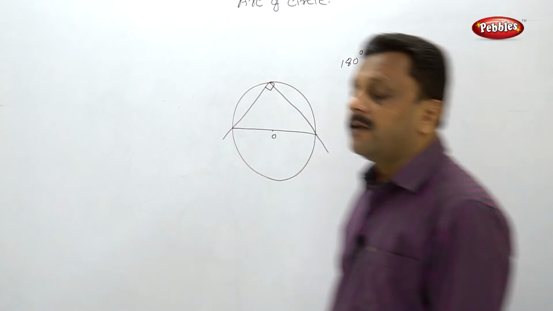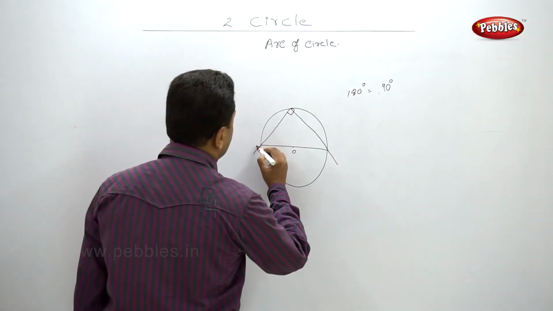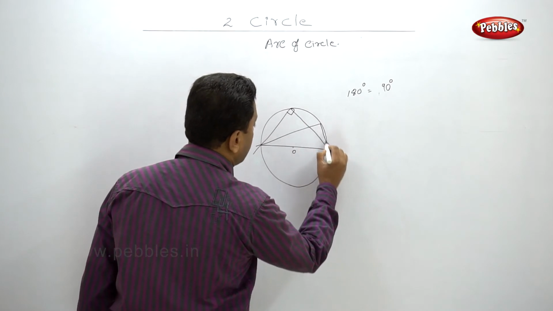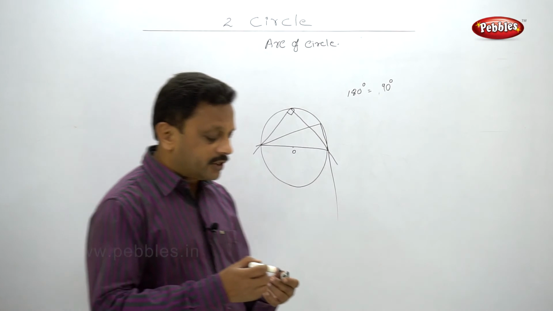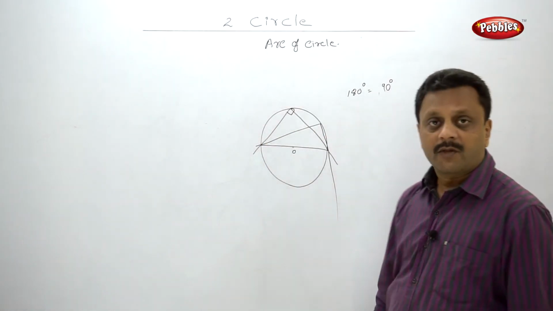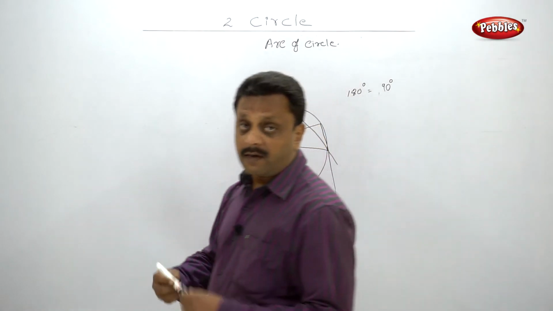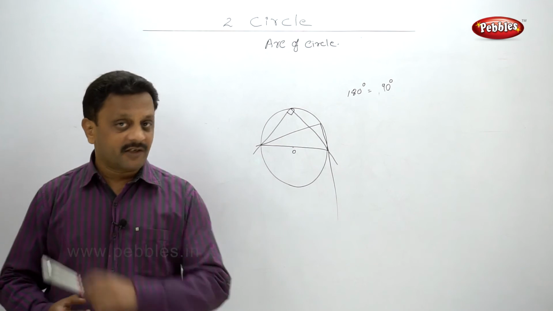So any angle inscribed in a semicircle, suppose this is also an angle inscribed in a semicircle. Any number of angles can be there because there are n number of points on this semicircle. So there are n number of right angles which can be inscribed in a semicircle.